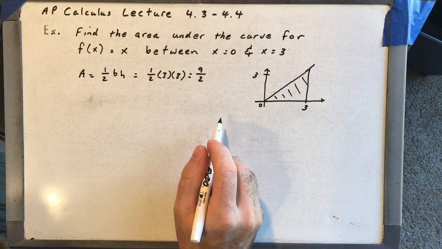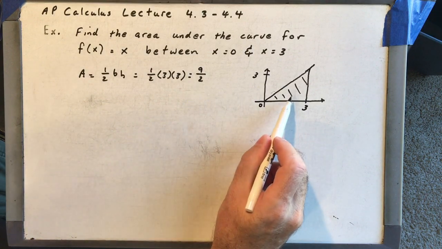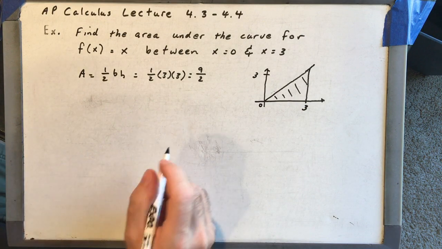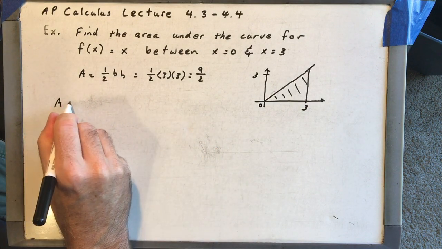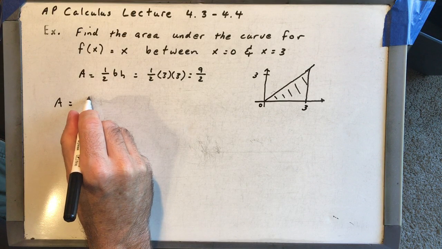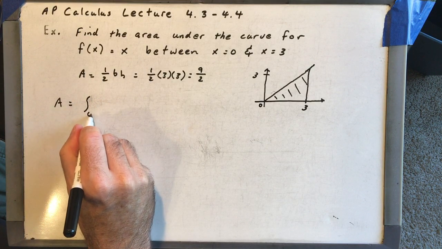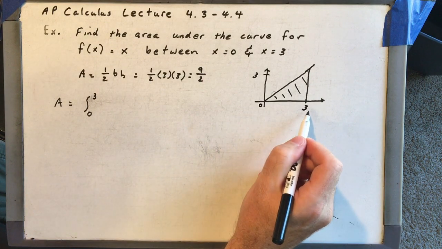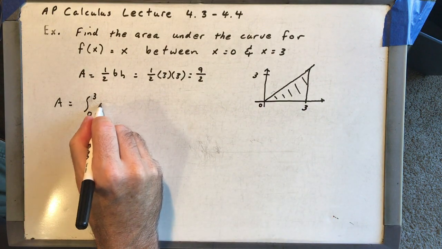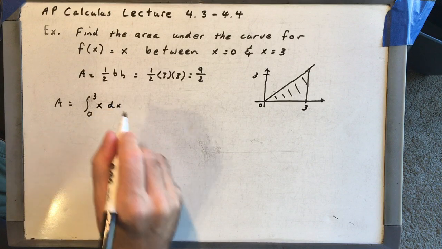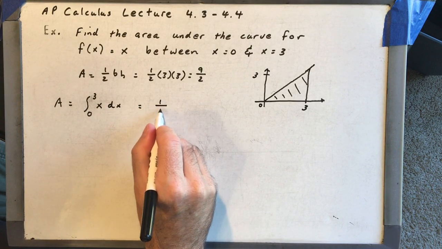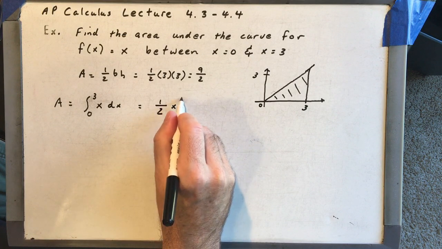Okay, but we could use calculus to find this. With most shapes, we don't have a fancy geometry formula, right? So the way we do it is we integrate from 0 to 3 of the function x dx. Well, take the antiderivative of x, it's 1/2 x squared.